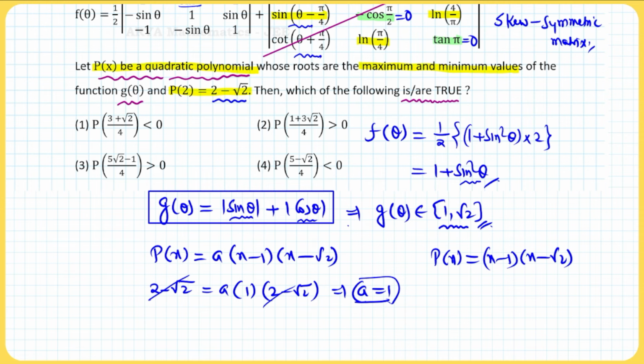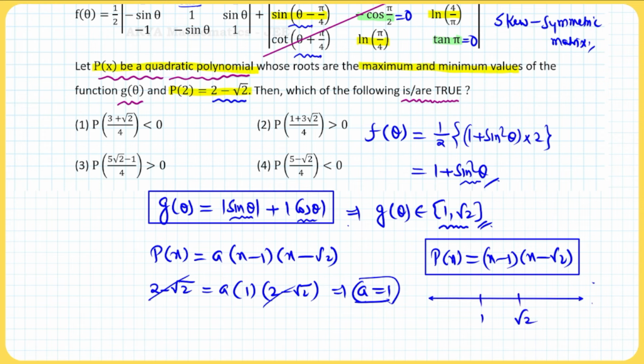Now we have to comment on the sign scheme of this p(x). We can draw a number line and plot the points where p(x) becomes 0: one point is 1, the other is root 2. If you take a value of x larger than root 2, we get plus sign, then minus, and plus. So this is the sign scheme for p(x).